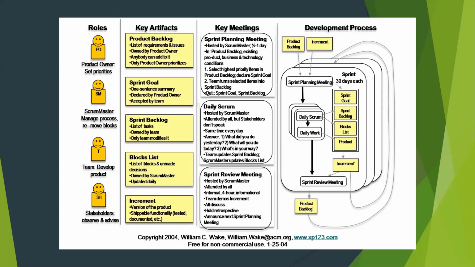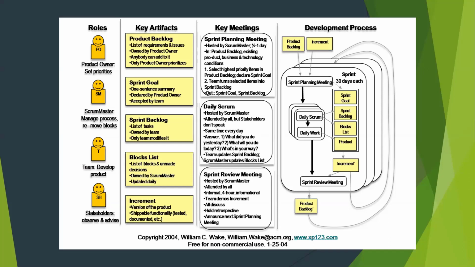Although the Scrum Master and Project Manager are not always the same, they can be the same person. The team is made up of team members that have specific skills in helping to develop the product or service that's being delivered. And then the stakeholders are meant to advise and observe and give input along the way as the product or service is being developed.